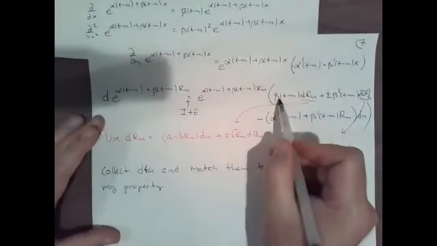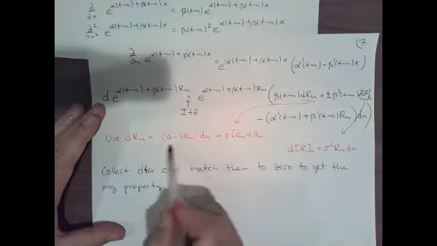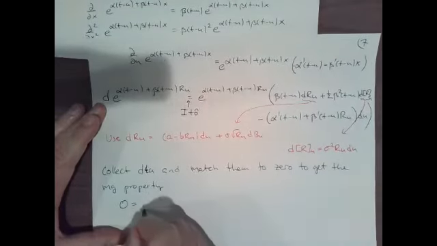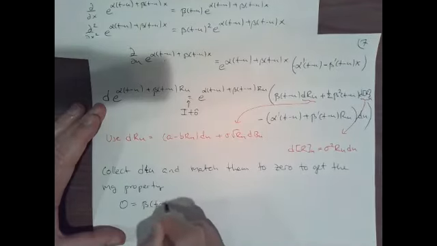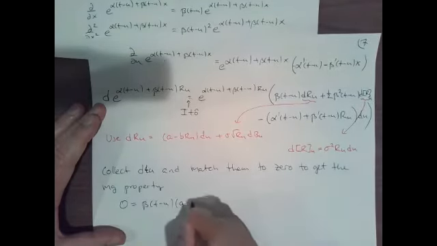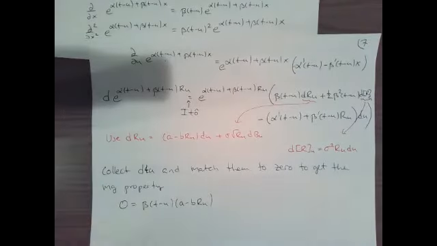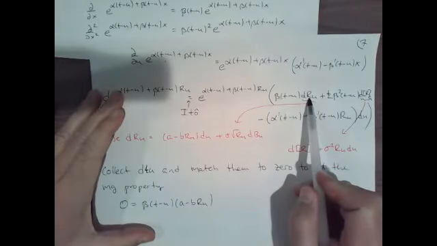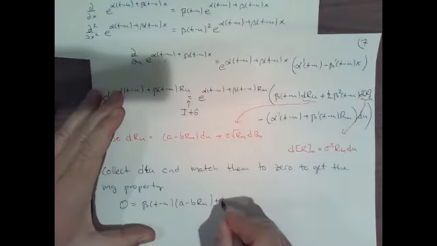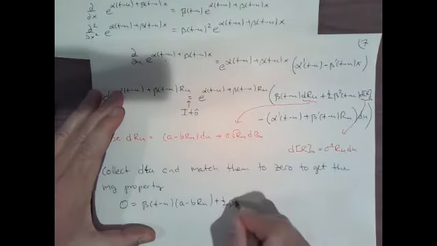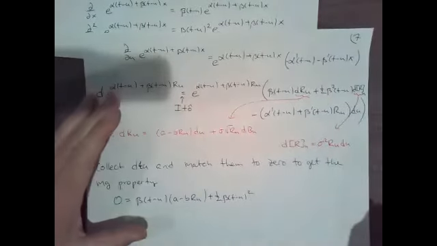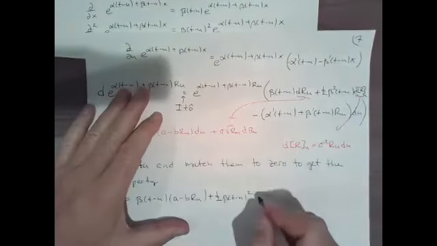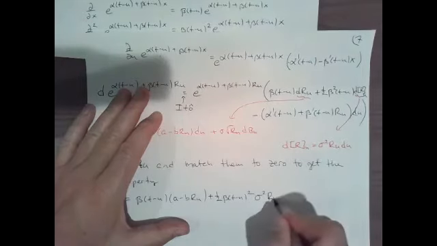So let's do that. Inside dr, I'll find there's some drift. So I have 0 needs to be beta(t-u) times (a - b r_u), plus I have beta(t-u) squared, and then the quadratic variation of r, the one we computed down here, sigma squared r_u.